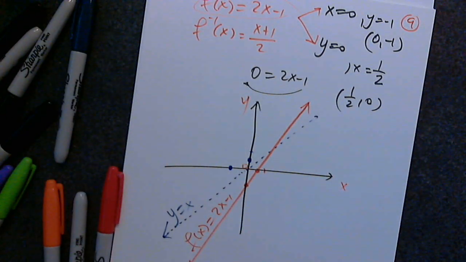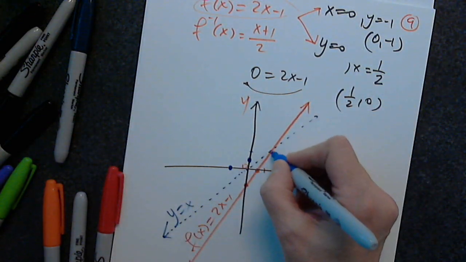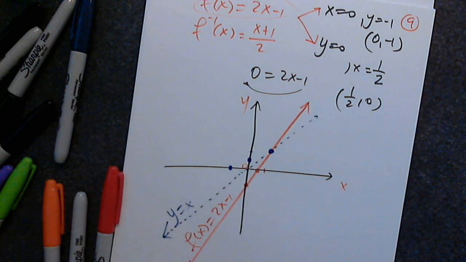One piece of advice. If the function crosses y equals x at this point, the inverse function has to cross at the same point. How come? Because points on this line are 1, 1, 2, 2, 3, 3, 4, 4. Reverse 3, 3.